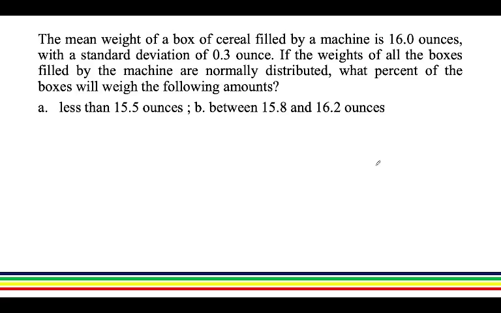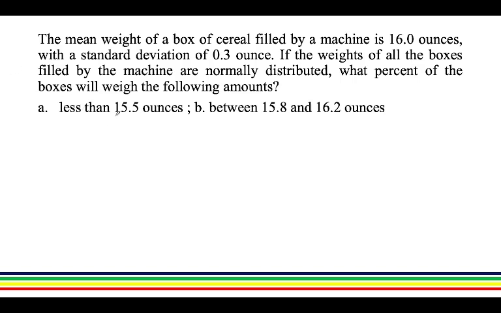For another example, we have the mean weight of a box of cereal filled by a machine is 16 ounces with a standard deviation of 0.3 ounce. If the weights of all the boxes filled by the machine are normally distributed, what percent of the boxes will weigh the following amounts? And since all of the given values are in terms of ounces and not in terms of z values, we have to convert them first.